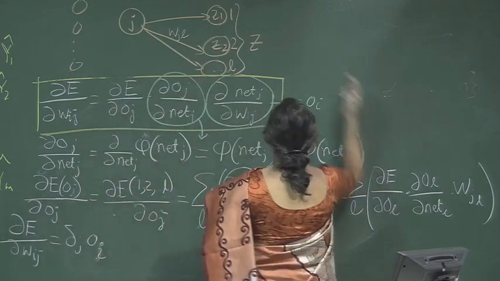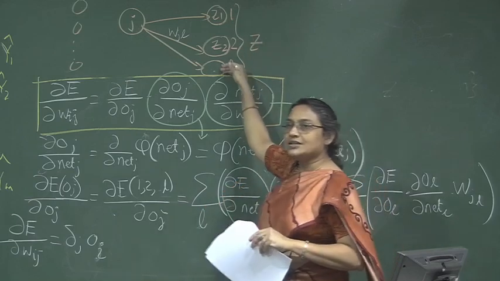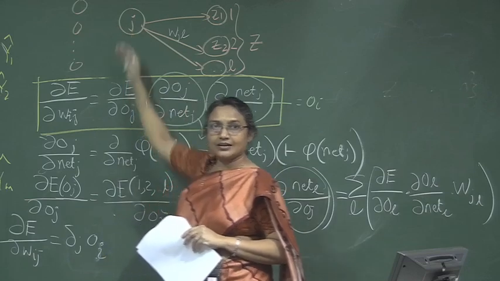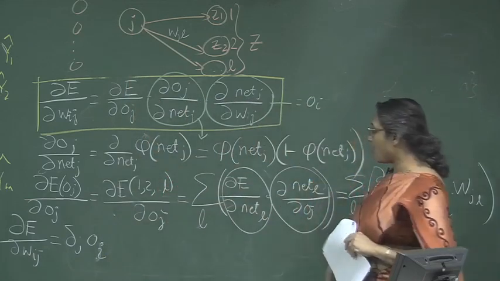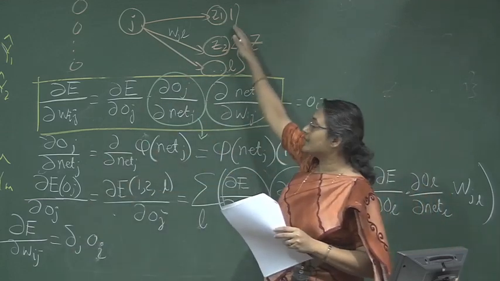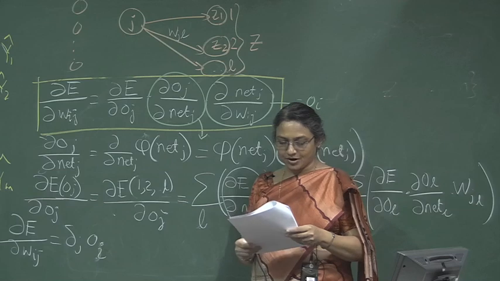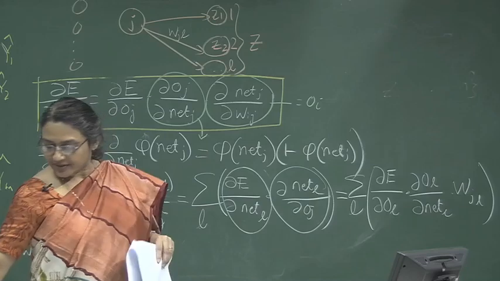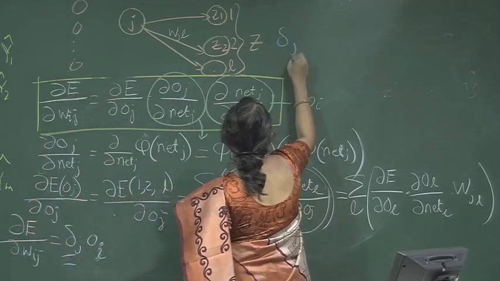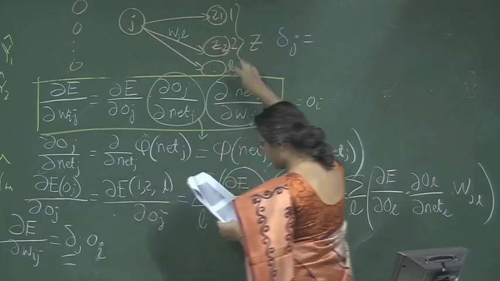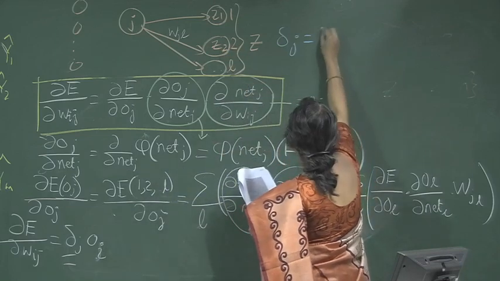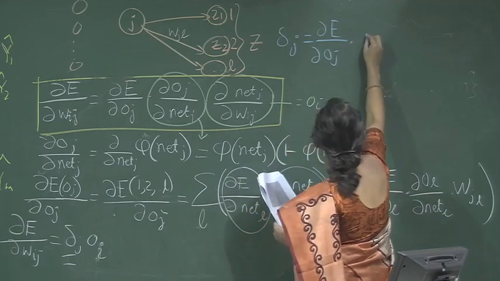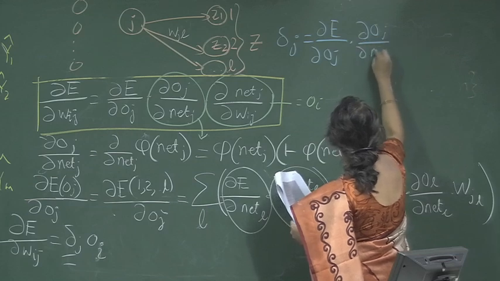These errors are the errors which are being propagated, which are contributing to the error here. Right? So, this delta J corresponds to the error which was computed at this layer, which is brought here. And the component of this delta J, so delta J is one of these units and its component is del E by del Oj times del Oj by del net J.